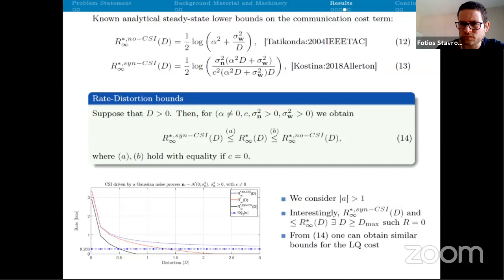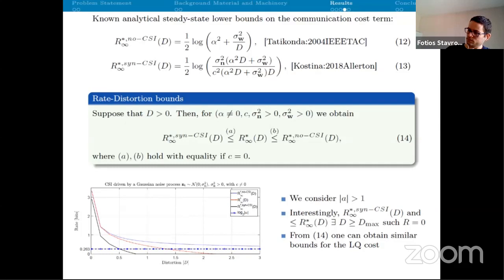This is because the synchronized causal side deformation always gives a better estimate at the decoder compared to our bound, and therefore it gives smaller rates, whereas the non-causal side deformation case yields rates higher than our rate because the decoding policy is worse.